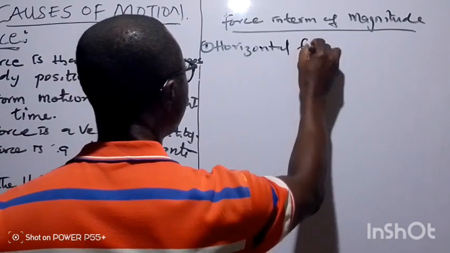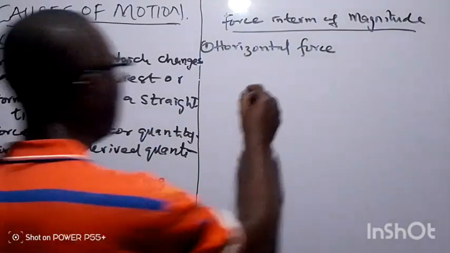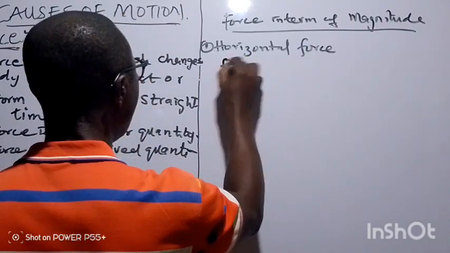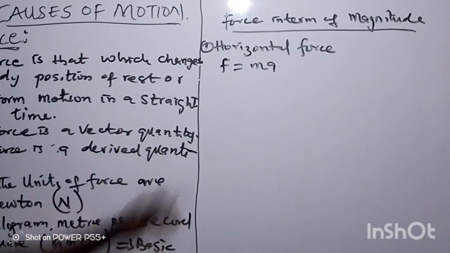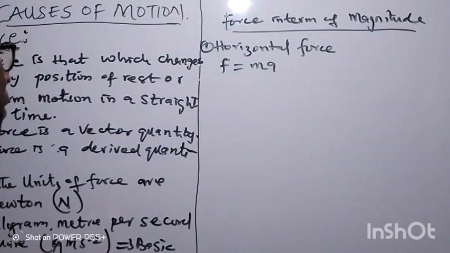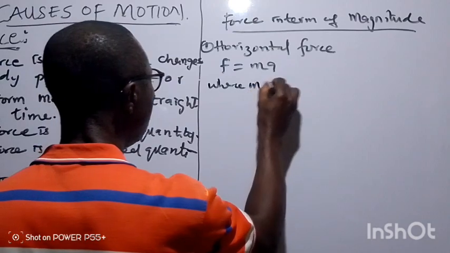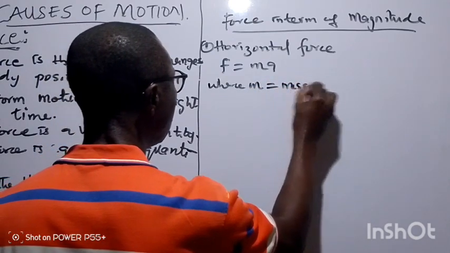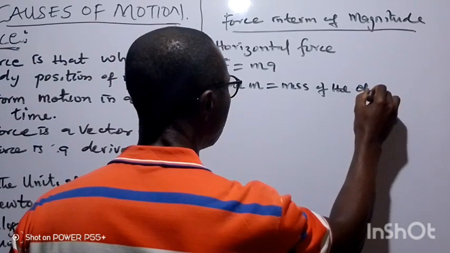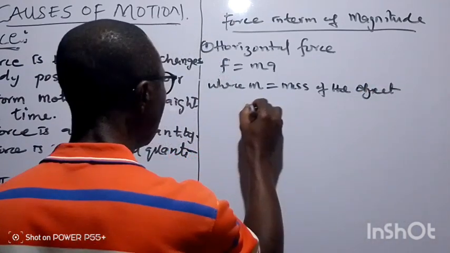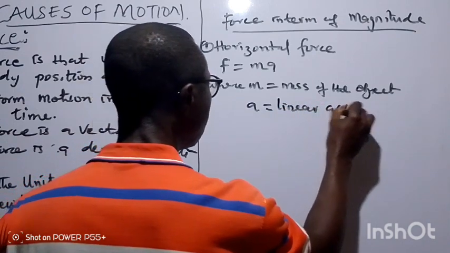The magnitude of this one is F = ma, where m is the mass of the object or body, and a is the linear acceleration.